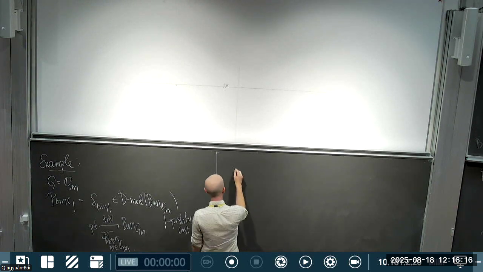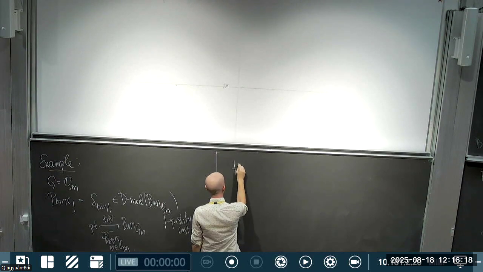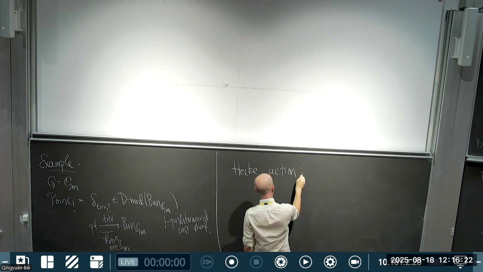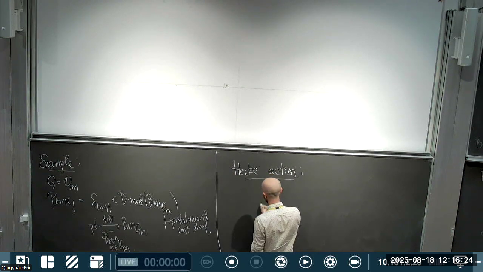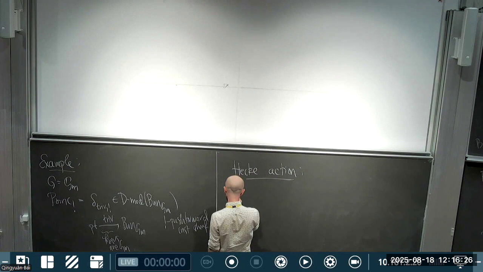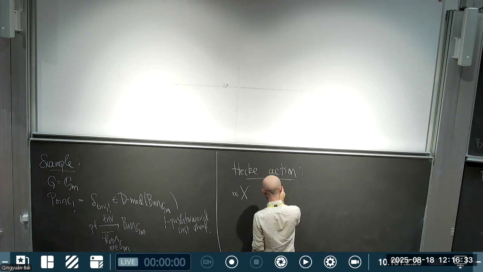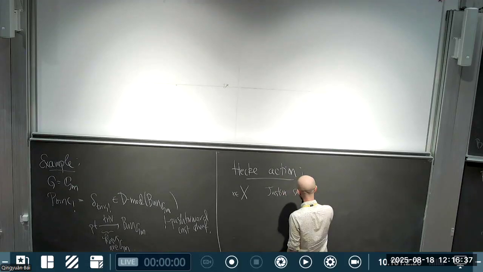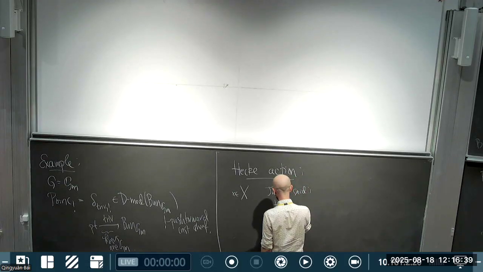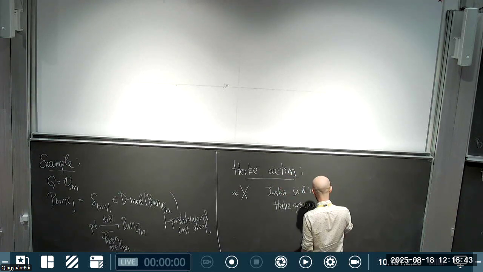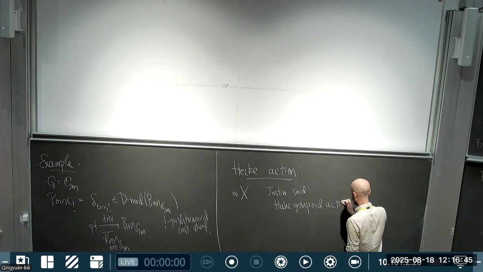Okay, so now let me briefly say something about the Hecke action and the spectral action. If you fix a point in the curve, then Justin said that there's this Hecke groupoid acting on Bun-G.